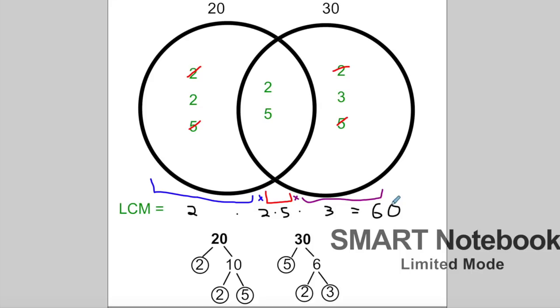This diagram is also helpful for finding our greatest common factor. And our greatest common factor is going to pop up in the middle. So the greatest common factor is going to be the product of whatever prime factors they have in common.